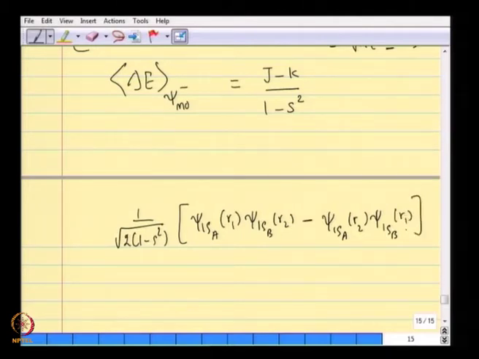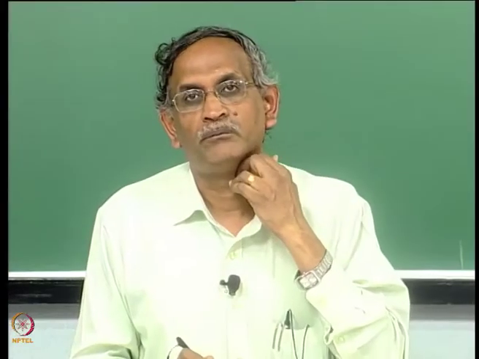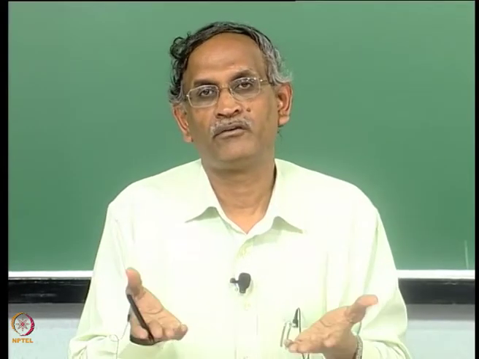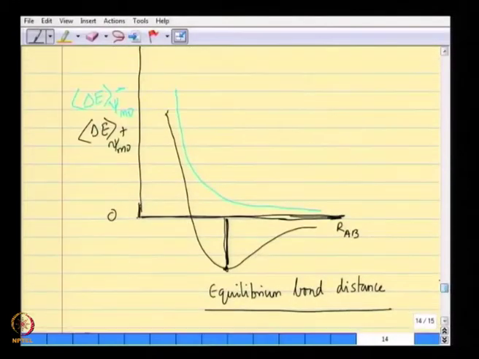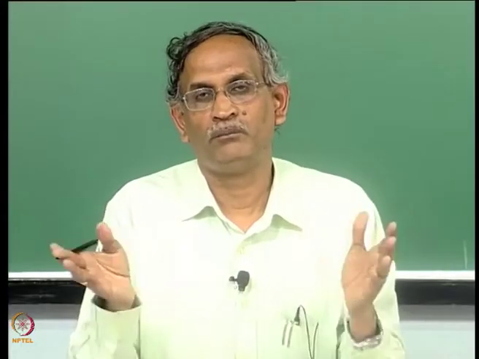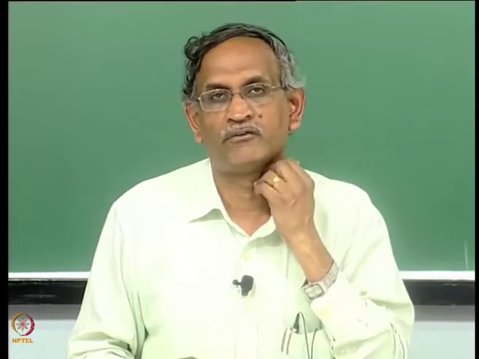This wave function is antisymmetric with respect to the interchange of the coordinates of 1 and 2, because when you interchange R1 and R2, the wave function becomes a negative of itself. Therefore, this is an antisymmetric combination, and this antisymmetric combination gives rise to no stability. You can see that the energy is always above the minimum in the scale, which is the sum of the two hydrogen atoms.